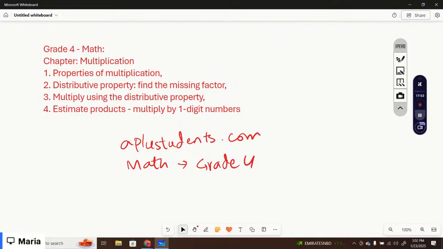The lessons we're going to cover today are properties of multiplication, distributive property, find the missing factor, multiply using the distributive property, estimate products multiplied by one digit numbers.